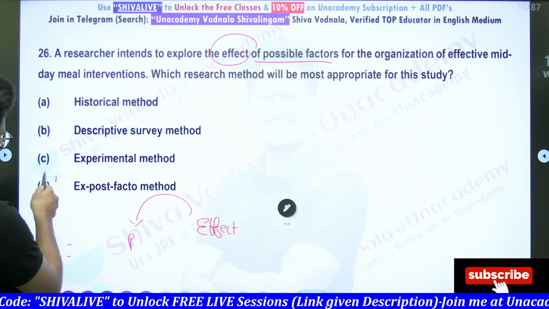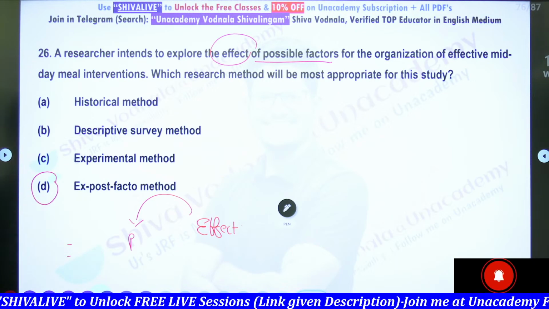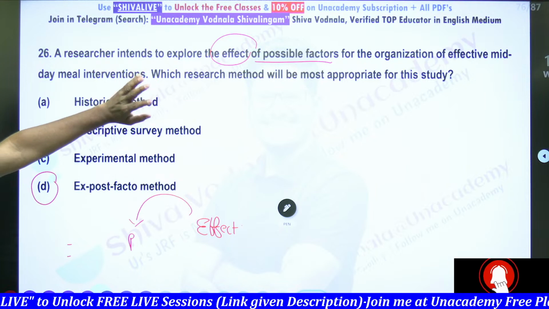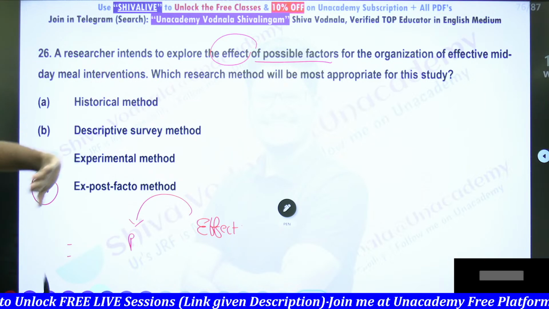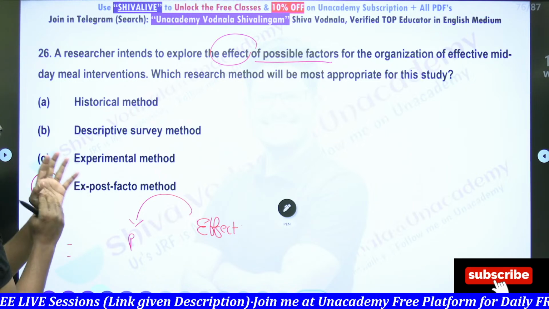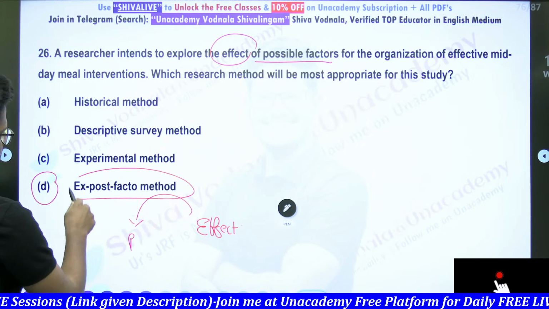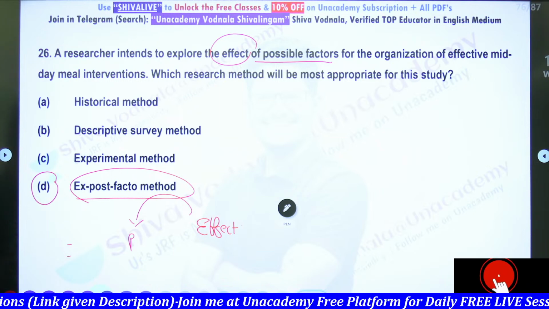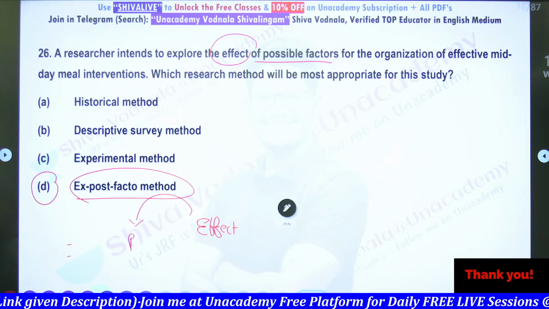So ex post facto will be the correct and appropriate one. That is scheme related. So when the scheme is related, what are the factors that influence a midday meal scheme? That we are going to study, which is ex post facto method, after the happening of a certain event. Yes, it is D.